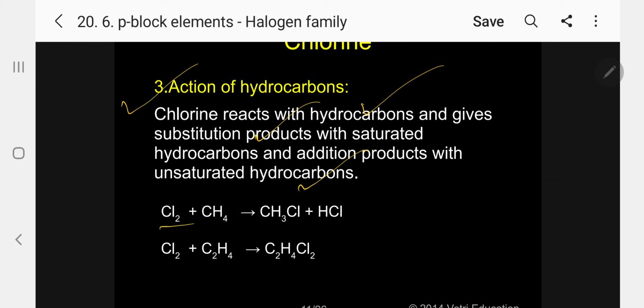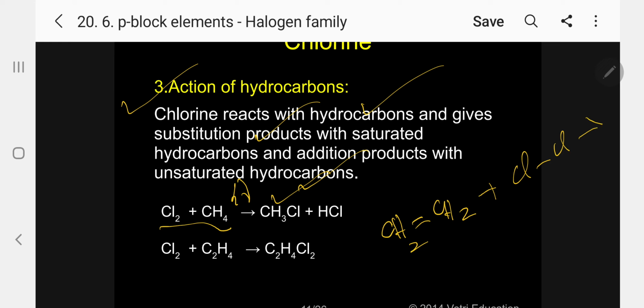For example, methane gives methyl chloride and HCl, normally taking place in the presence of sunlight. Whereas in the case of ethylene, the unsaturated hydrocarbon, if you add chlorine, it will undergo an addition reaction.